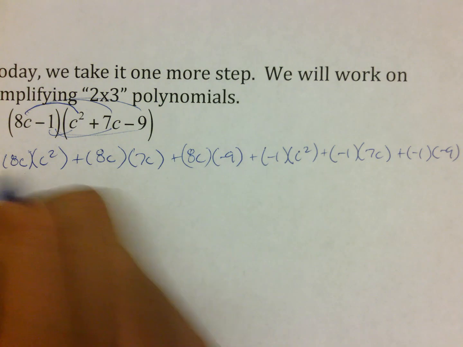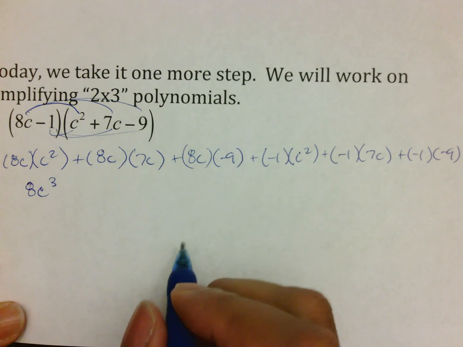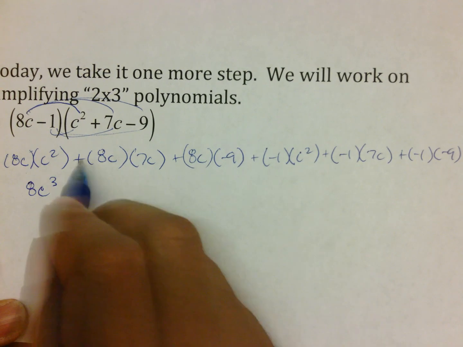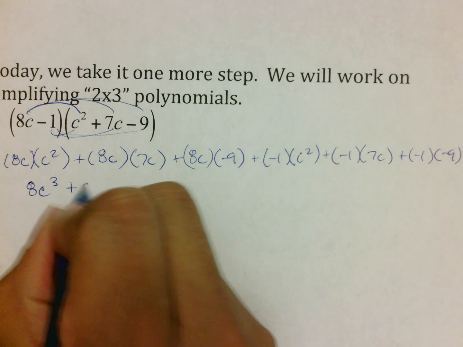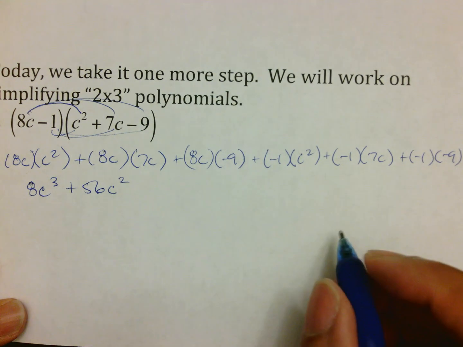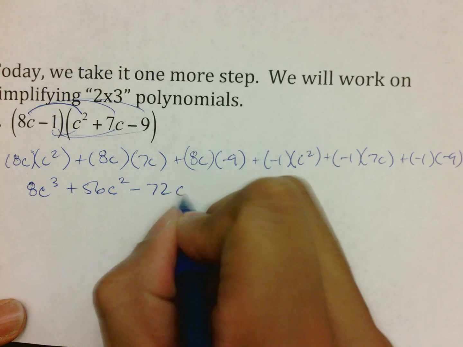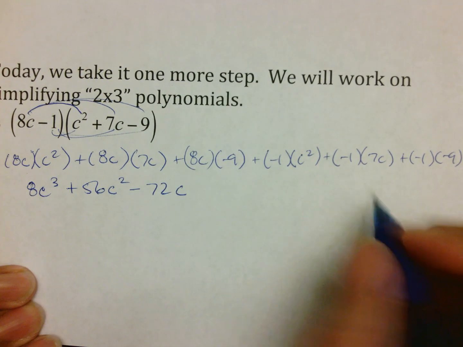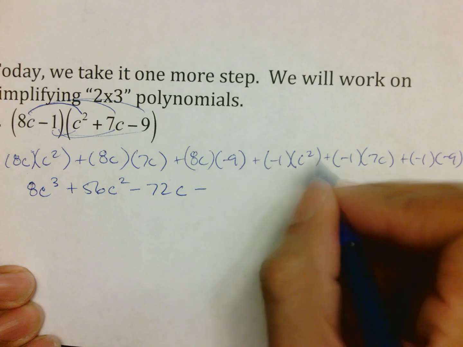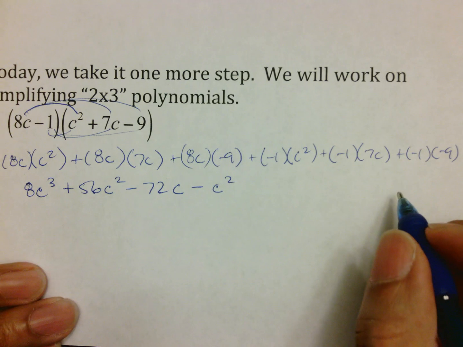Okay, so then you go back, and again, sign is positive, 8 is your number, and we actually have 3 c's this time. Here your sign is positive because there's no negatives, 56 because 8 times 7 is 56, and we have 2 c's there. Here your sign is negative, 9 times 8 is 72, and we have 1 c there. Here we have a negative, we don't need the 1 because there's a variable, but it is c squared.